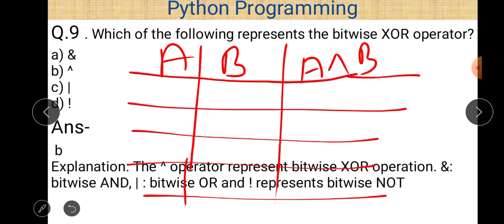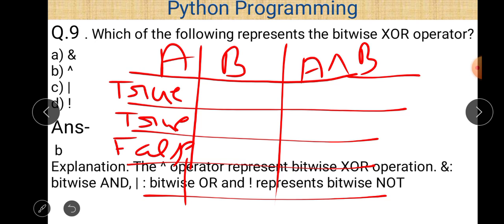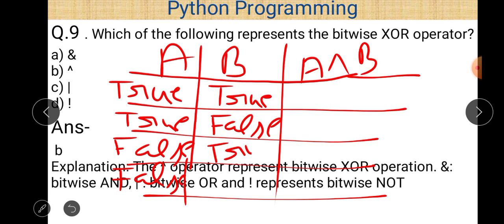There are a total of 4 possible combinations for 2 values. So the first value is true, true, false, false, then the second is true, false, true, false.